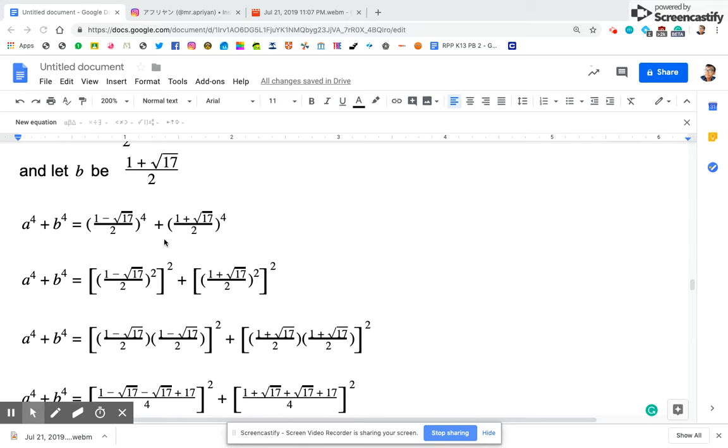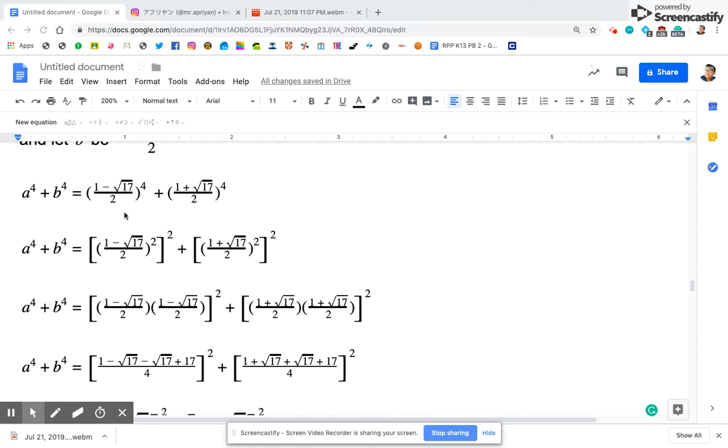And here's the trick. If it's to the power of 4, we can simplify it to this to the power of 2 and then another to the power of 2. By the exponent law, if a number has a power and then has another power, they can be multiplied. So as well as this part.